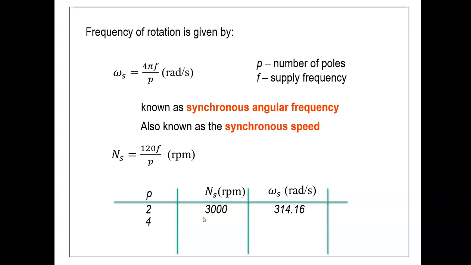If P is equal to 4, then Ns equals 1500, omega S is 157.08. If P is equal to 6, then Ns is equal to 1000 RPM, and omega S is equal to 104.72 radian per second. These are the synchronous frequencies for 50 Hz systems, which is the frequency of the supply in our country.